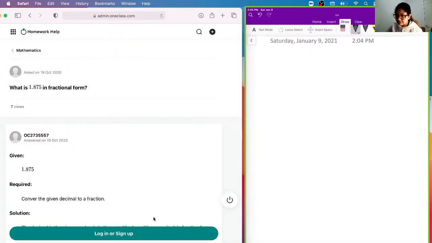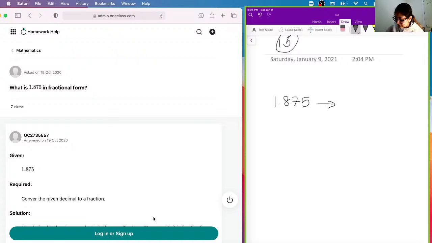Since this has 4 digits, we can write this as 1.875 divided by 1,000, right? Since it's 4 digits here, we can divide this by 1,000.